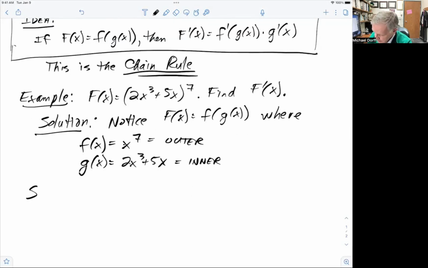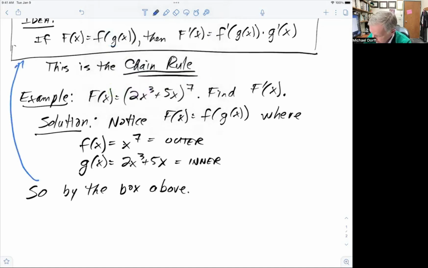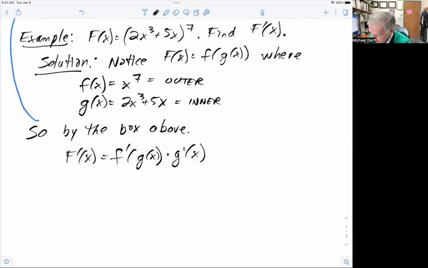All right. So by the box above, meaning this box up here, we know that the derivative of capital F is going to be the derivative of little f evaluated at g times the derivative of g. We saw earlier that the derivative of little f was 7x to the sixth.